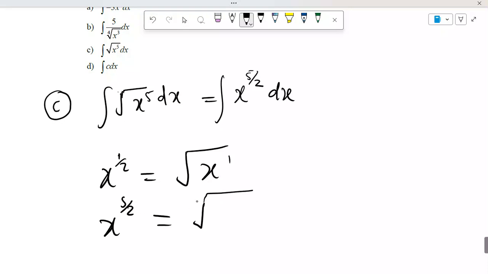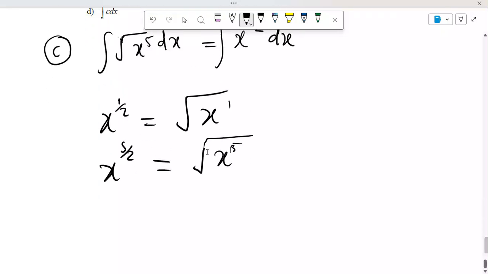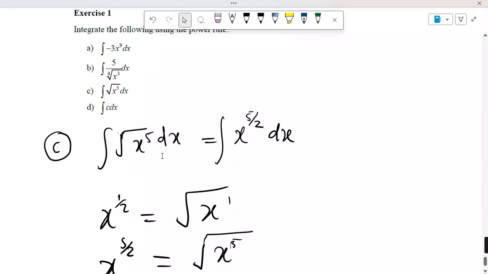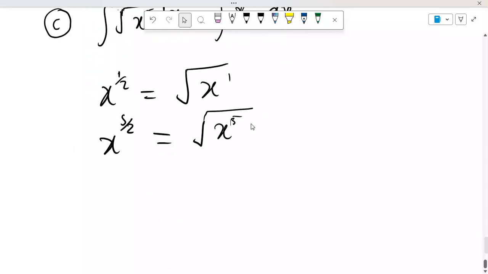But this is 2. We can't write 2 here because this means square root, we've already written the 2. So just write x to the power 5. Okay, so hope this is not a confusion about where this 2 is coming from.